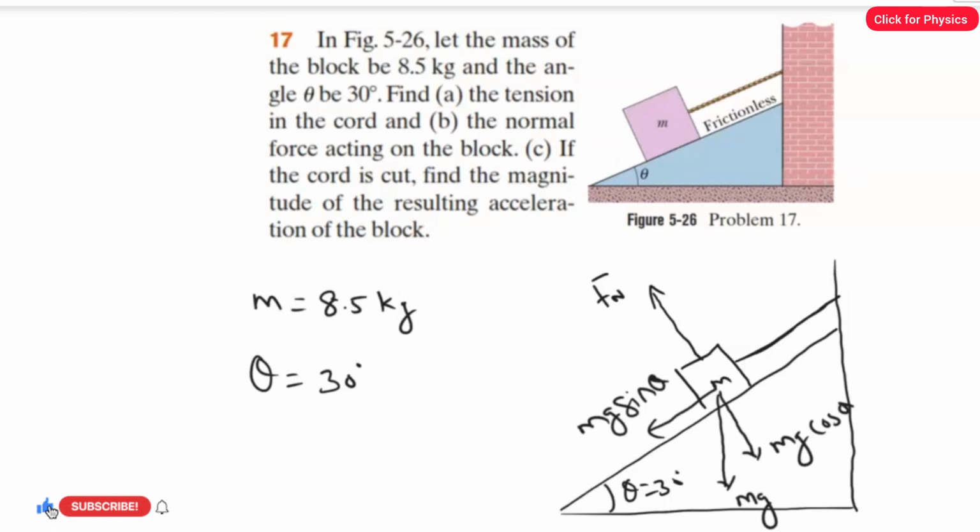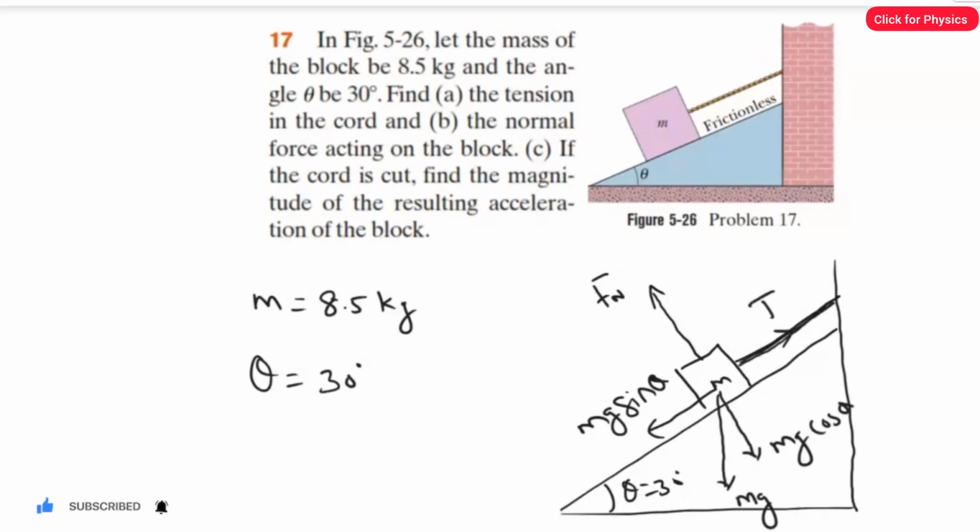So what is given in the first question? We have to find the tension in the cord. That means if you want to find the tension, we have the cord here. The cord is nothing but a thin string connected to the block, and the other end of the string is connected to the wall. So if you connect the block with the string or cord, you have a tension here.